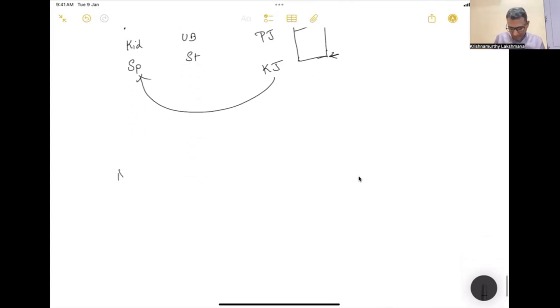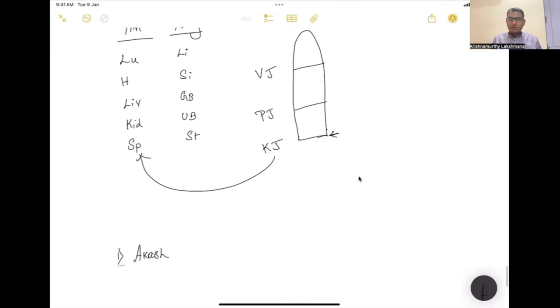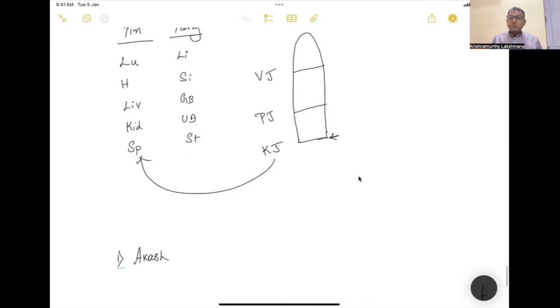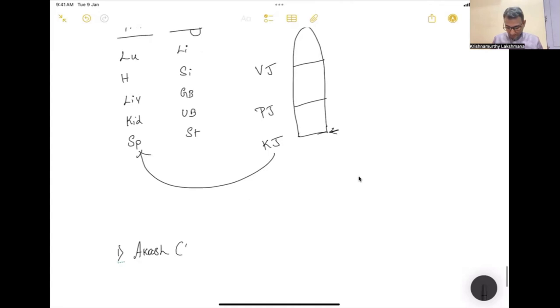So first one is Akash, finger number 1. Akash means what? Akash is space. So I can allocate space to which of these organs?